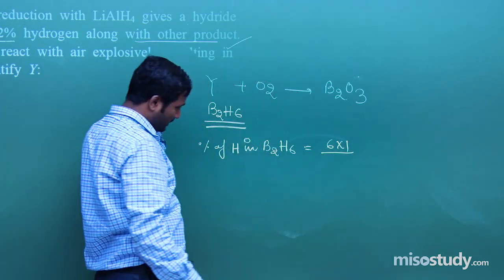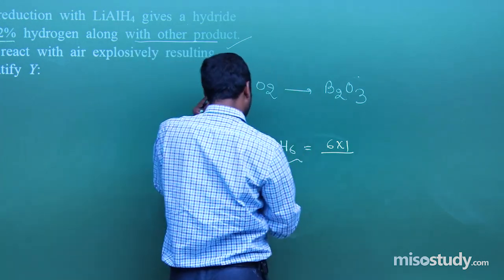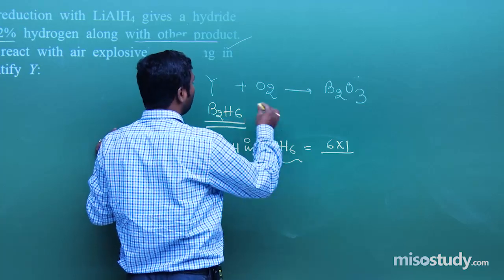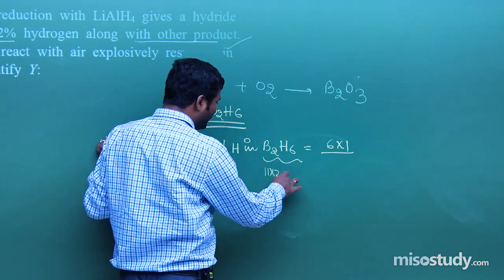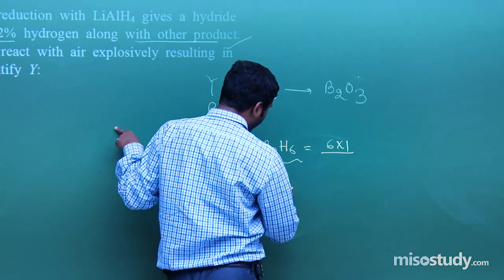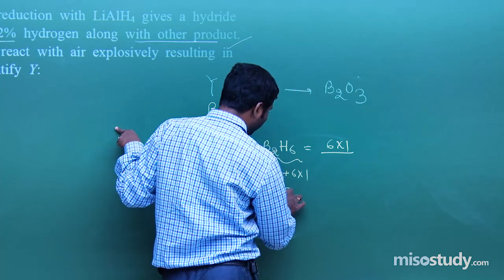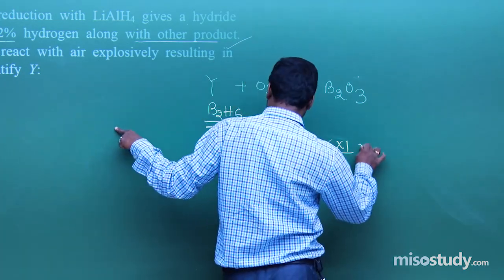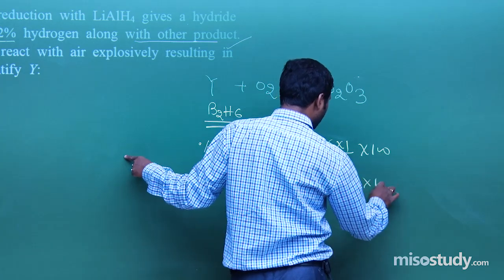What is the molecular mass of B2H6? The atomic mass of boron is around 11, so 11 into 2 is 22, plus 6 into 1, that is 28, around 28. Multiply by 100: 6 upon 28 into 100.